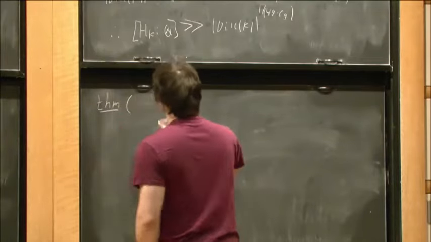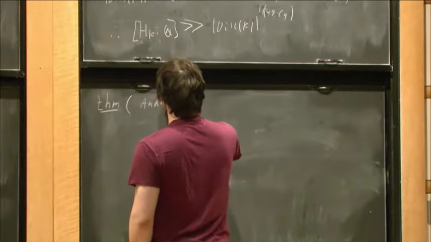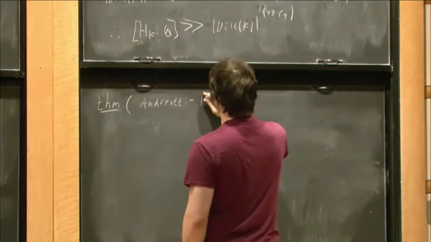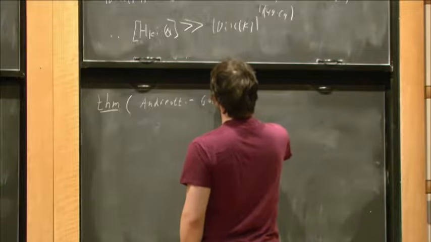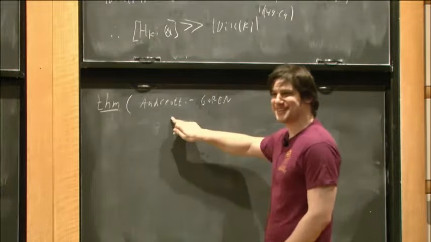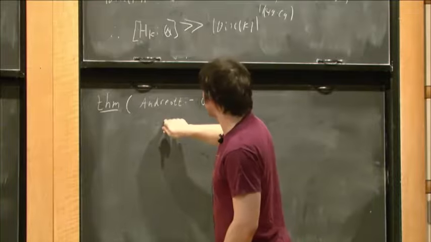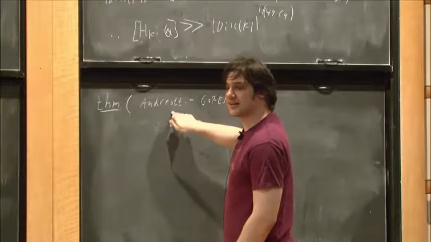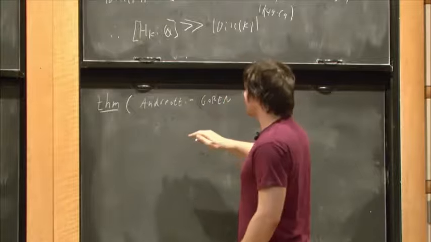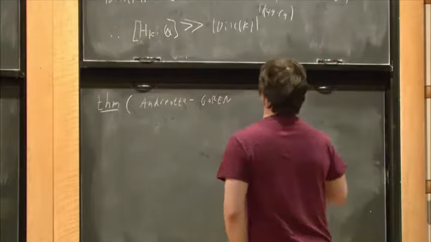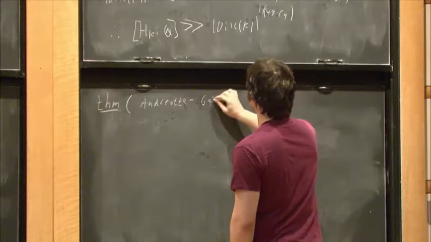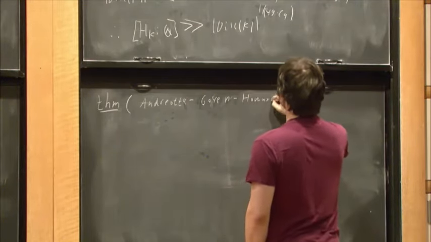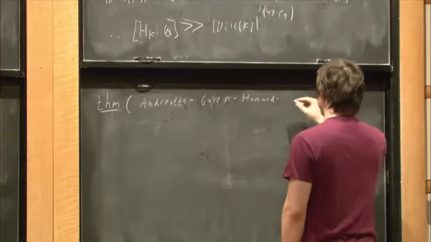I apologize for that. André-Oort, Goran. I messed up already? Sorry? The I is an A. André-Oort. I see, thank you. André-Oort, Goran, Howard, and I'm going to screw up even worse now.